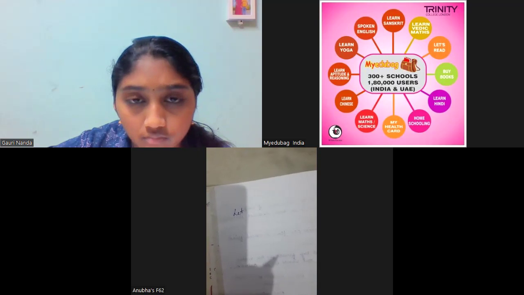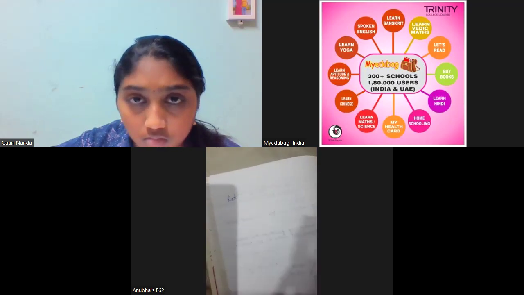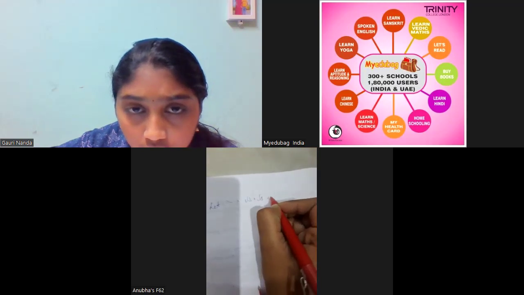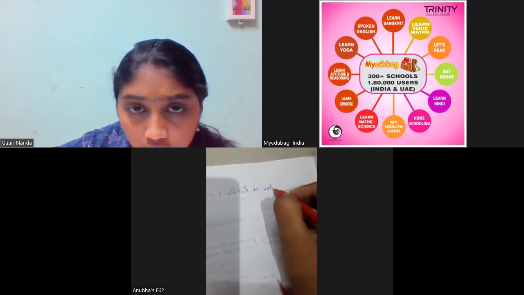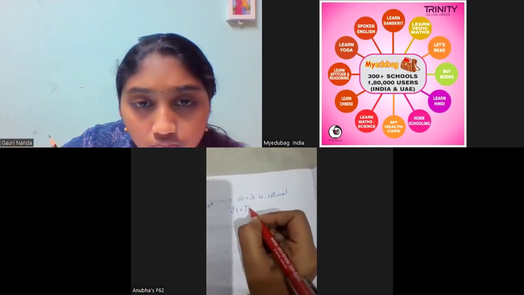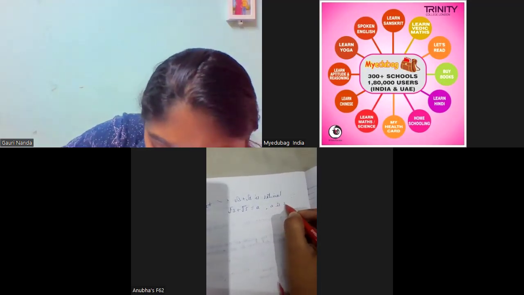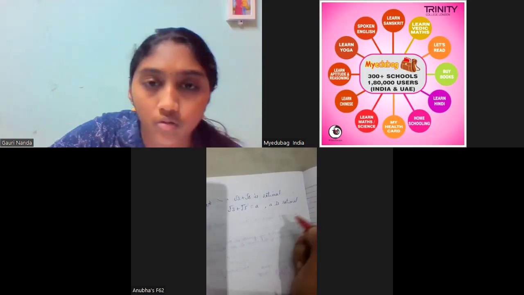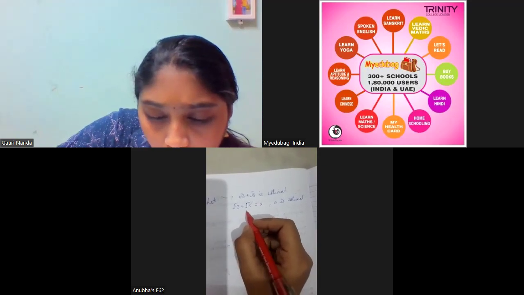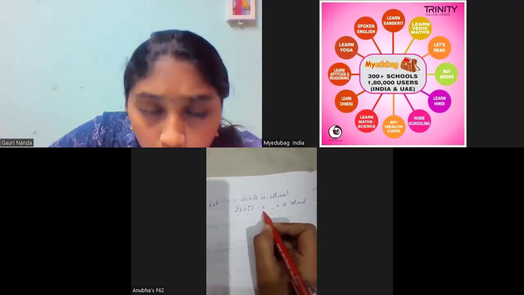I'm not writing that thing again because you have already written here, that let us assume that root 3 plus root 5 is rational. And then you have taken root 3 plus root 5. Let us take it as A. What is A? Where A is a rational number. So you remember we take it in the form of A upon B. Here we don't have B, so we have just taken A.